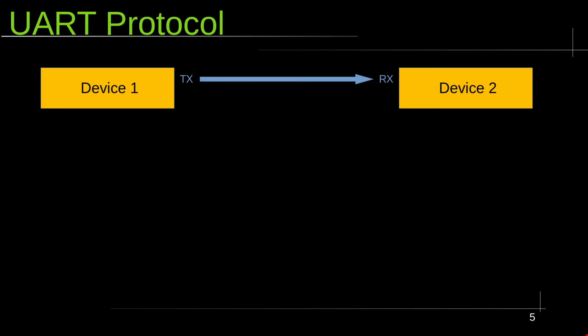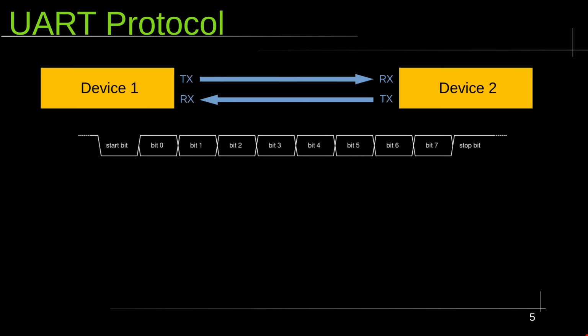This is going to look like an actual physical wire through which device 1 is going to send data to device 2. And we're going to have another wire through which device 2 is going to send data to device 1. So these are actual physical wires, and you're going to have electrical signals going through them.